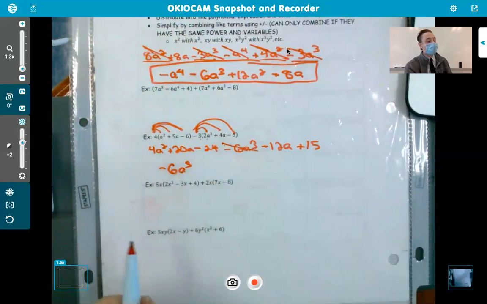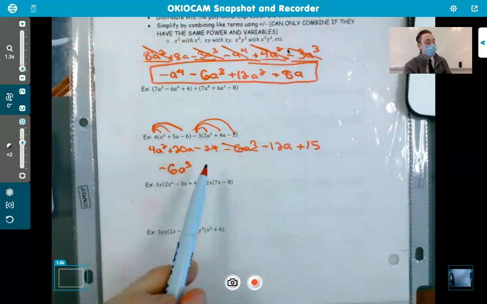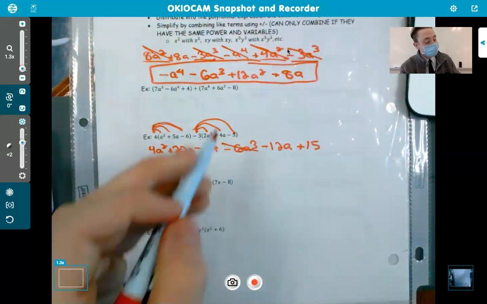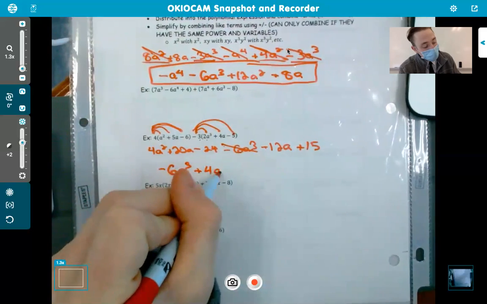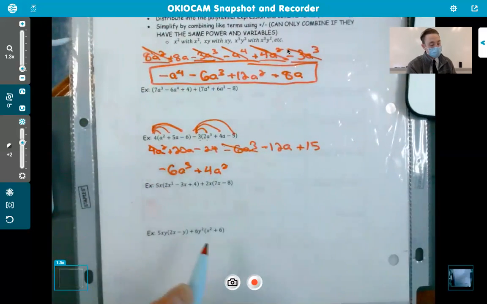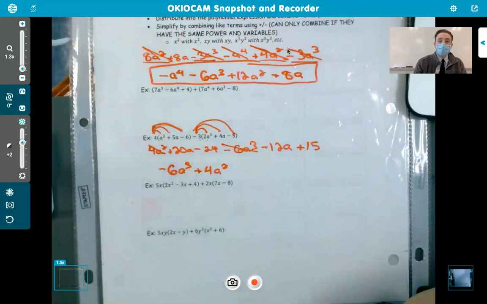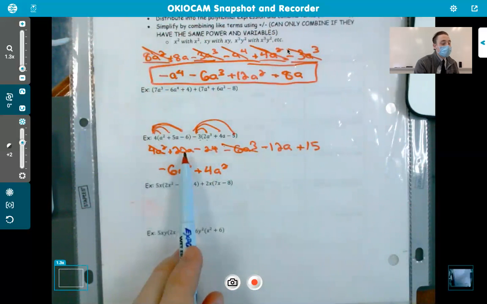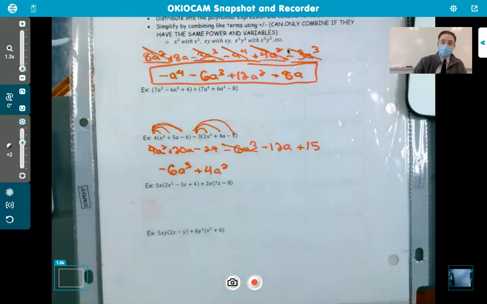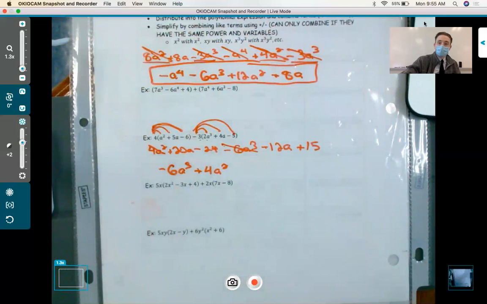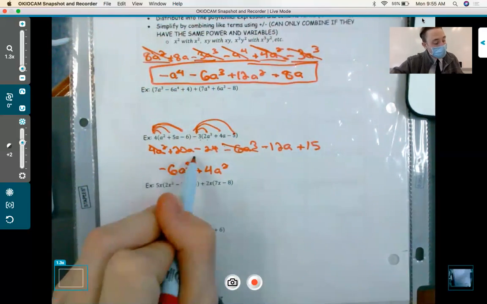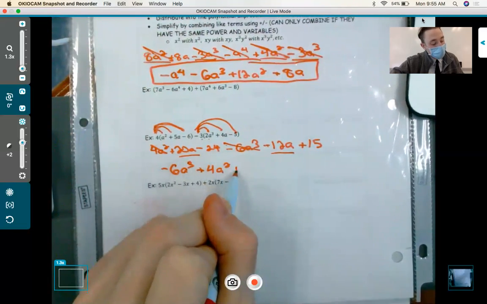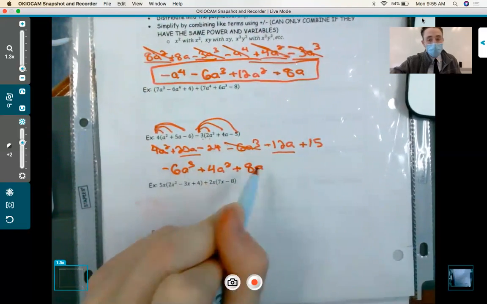So I've used that term. I go to my next highest exponent, the a squared. Can't combine anything there either. So now I'll go to 20a, and I'll see, can I combine anything with the 20a? Right, the 20a minus the 12a. And that gives me 8a.